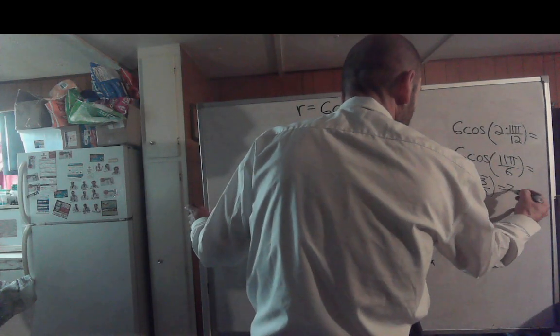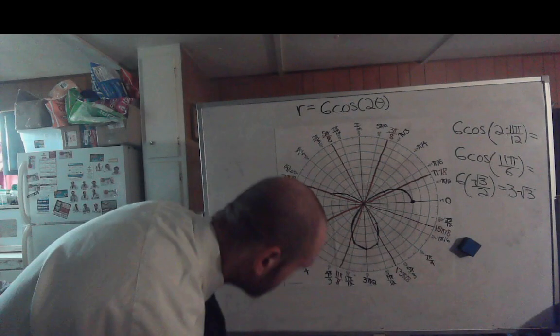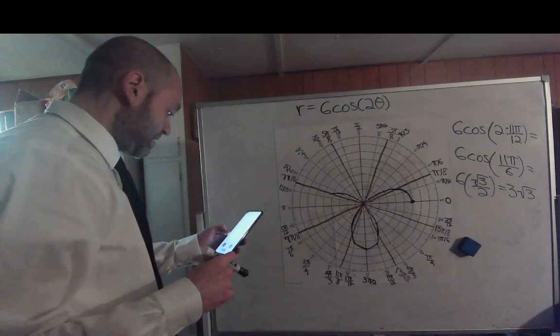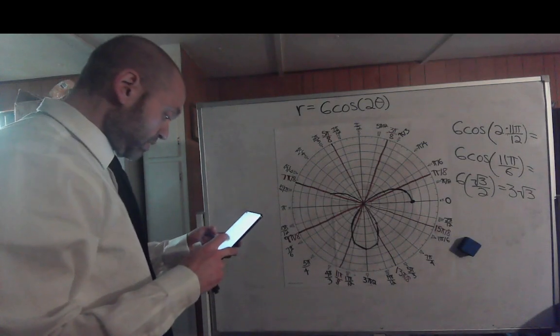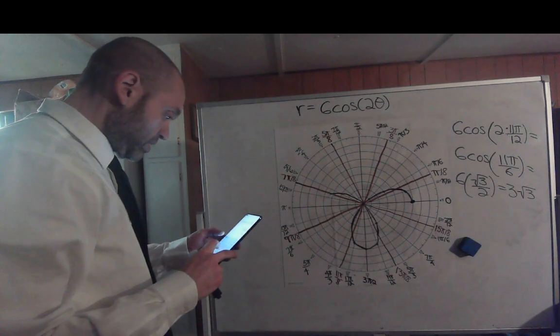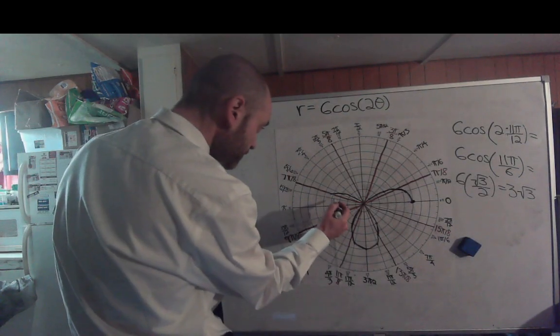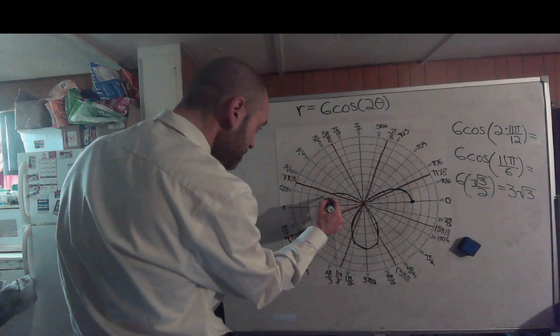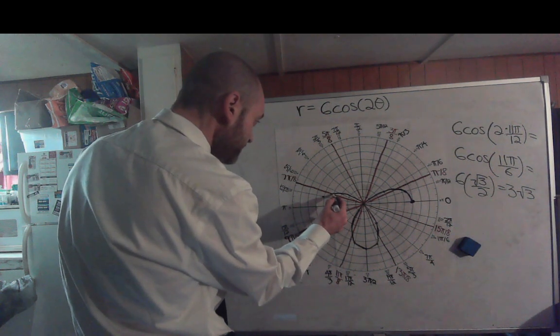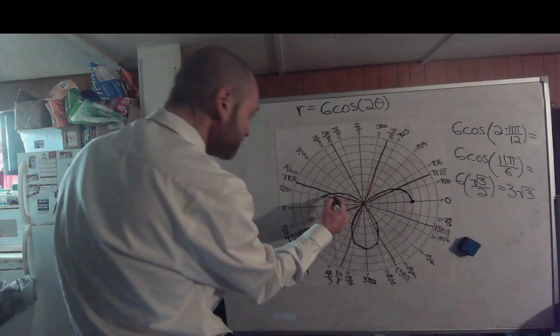Which would give you 3 times the square root of 3, which, let's see what that decimal is. There we go. We're back on track. 5.2. Okay. So at 11 pi over 12, we're at 5.2.